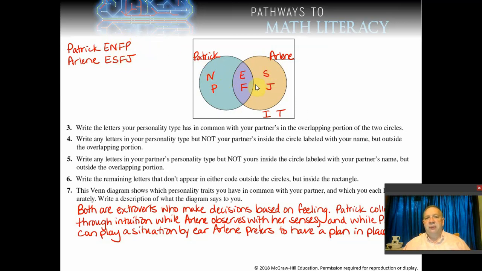F and F are in common, and then the P for Patrick, and then over here J is in Arlene. So that's basically a Venn diagram so that you can look and see what is a only situation for this set, only situation for this set, and things that they have in common. Okay, and we'll talk about that in a few more minutes.